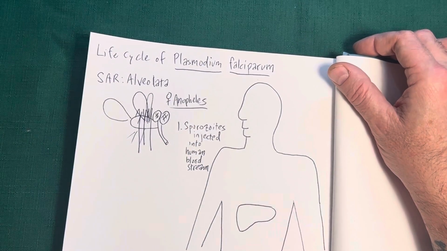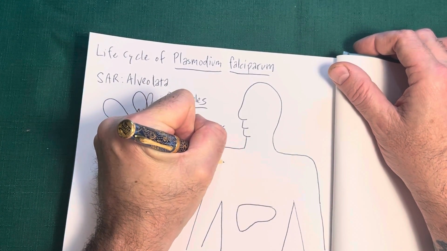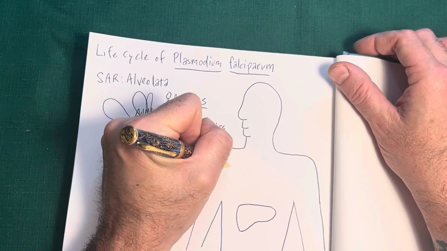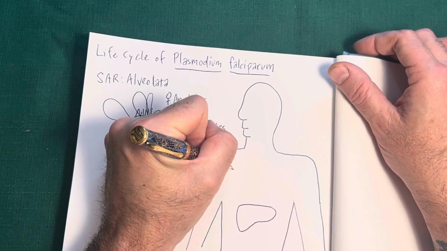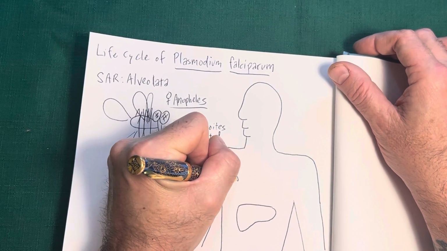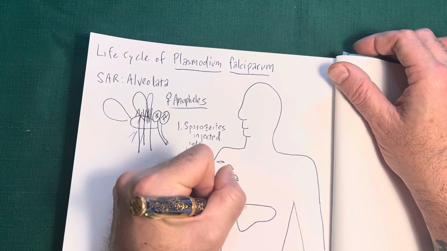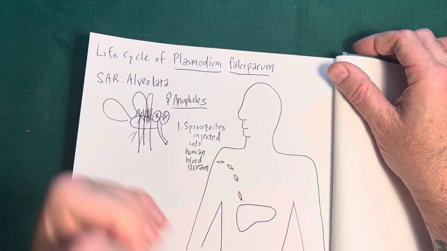So this first stage is called sporozoites, at least from where we're entering the deal. And we're not necessarily following any particular blood vessels, but we're gonna make our way to the liver.